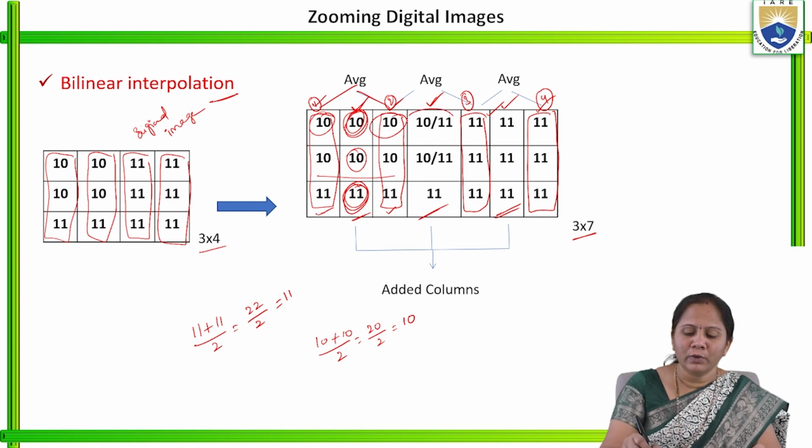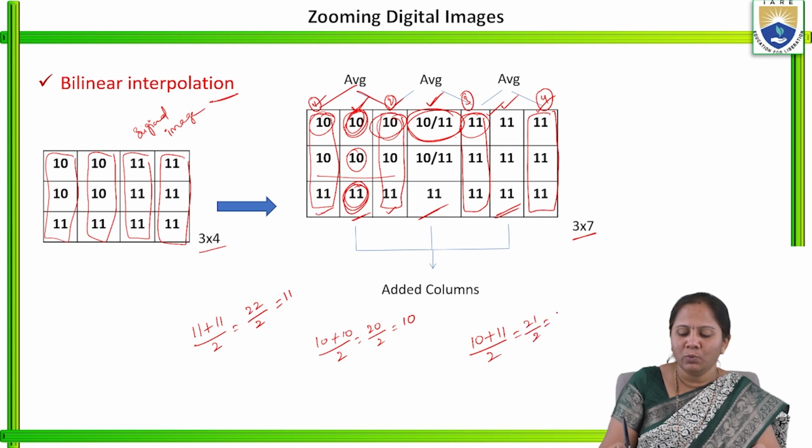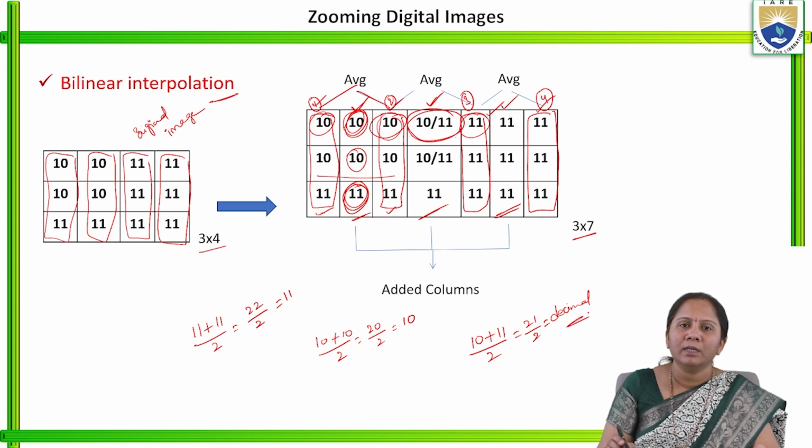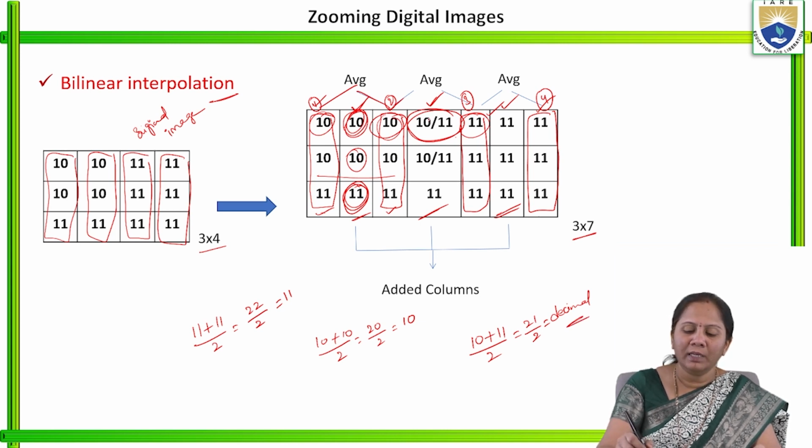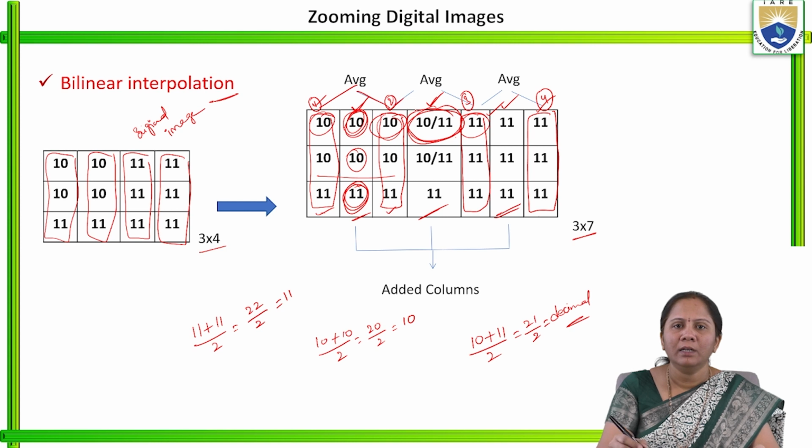But if you consider this duplicate column, how do we assign the intensity value for this? By taking the average of 10 and 11. If you take the average value of 10 and 11, we will get 21 by 2, whose result is a decimal value. But here the intensity level cannot be a decimal value.